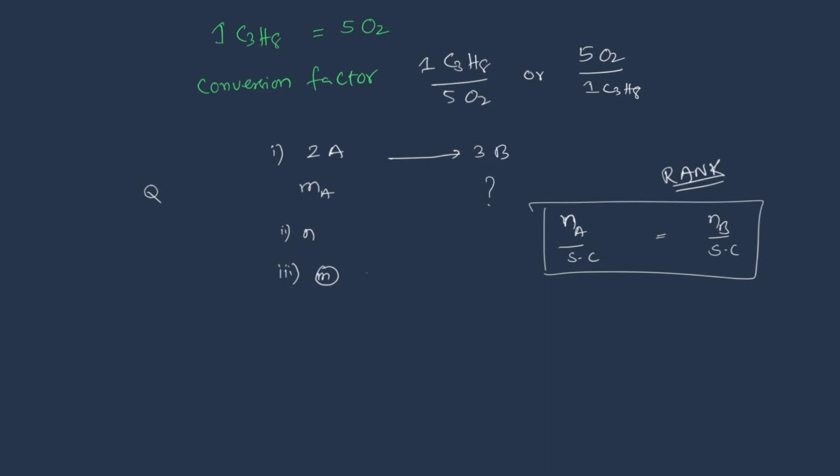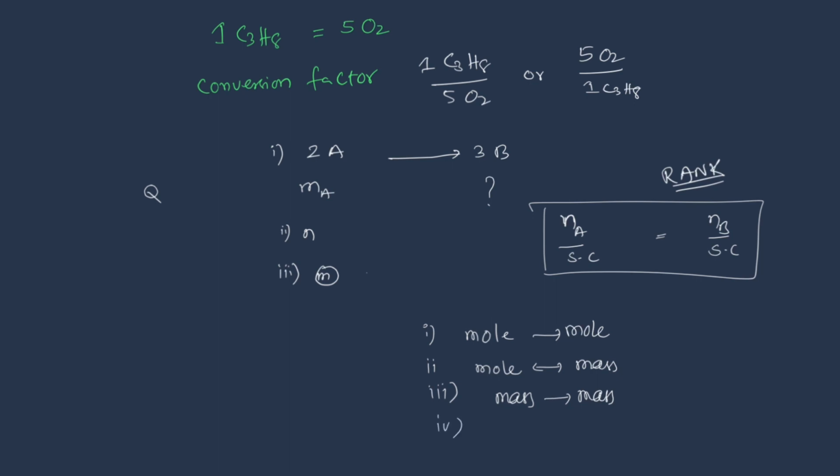Generally calculations are: one is conversion mole to mole, second one is mole to mass or mass to mole, or the reverse also. Third one is mass to mass calculation.